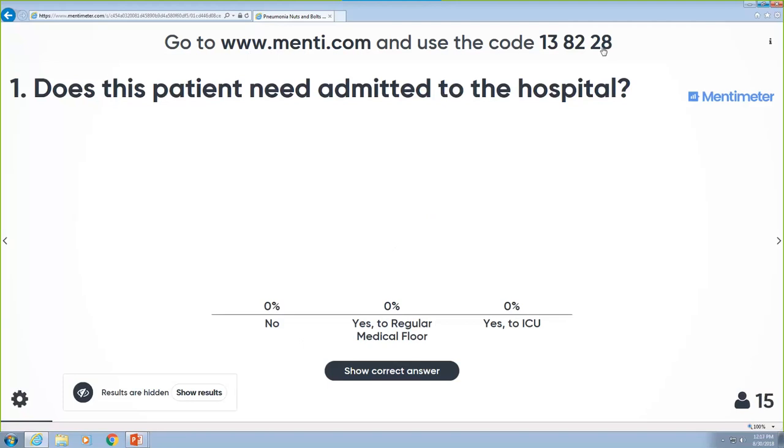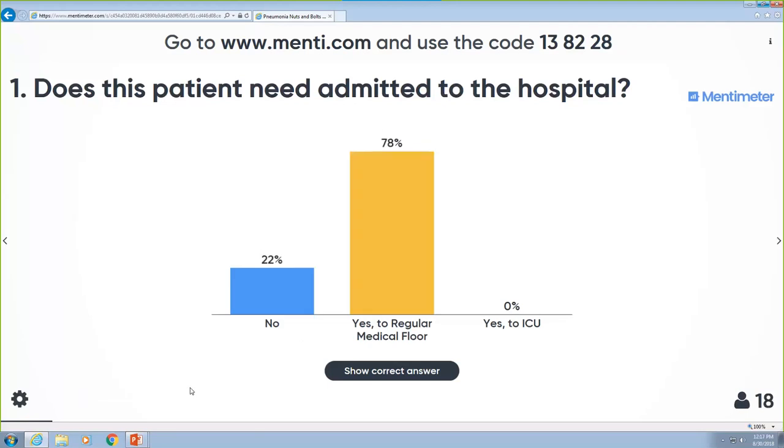All right, about 10 more seconds. All right, so most people want to admit her to the regular medical floor, and about a fourth of people say nope, she can just be treated as an outpatient.